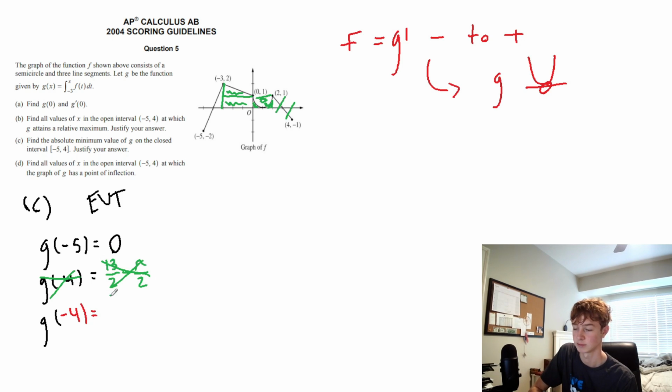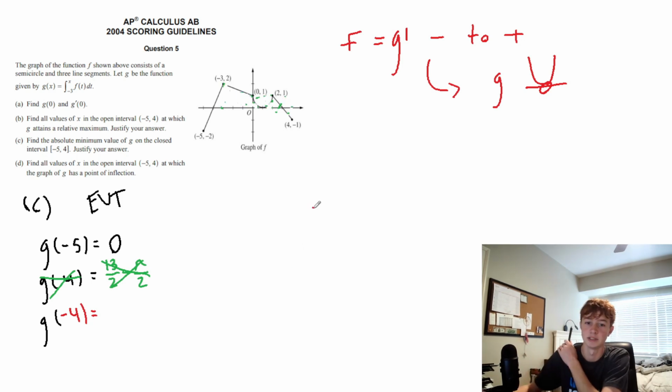It's about 13 divided by 2, let's just say 7, minus 3, about 3 divided by 2, which is obviously a positive number. So it's no longer a candidate for the absolute minimum of g.